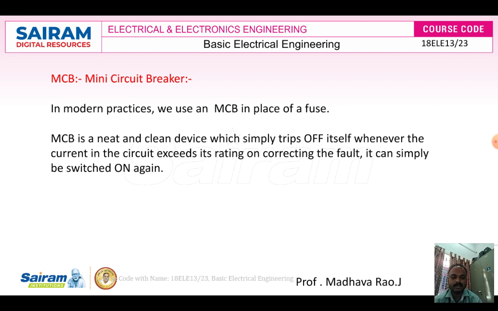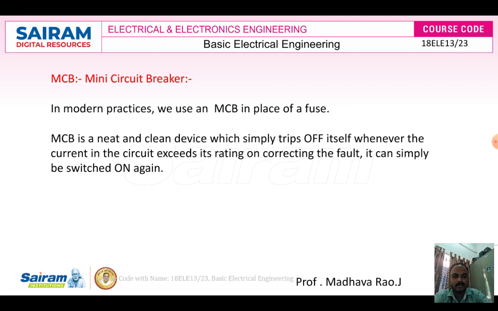That is one more disadvantage of the fuse, but the MCB is not like that. It automatically trips off, and fire hazards and heat will be very low. So this is about the MCB, right?